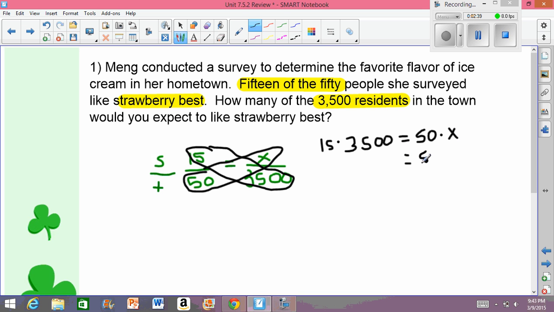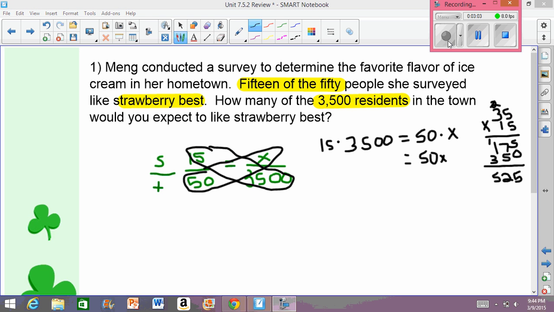So I have 50x on this side, and we have to multiply 15 times 3,500. But we can do a little bit of shortcut and just multiply 35 times 15 and then add 2 zeros at the end. So when I multiply 35 times 15, I end up with 525, and then I'm going to add 2 zeros.